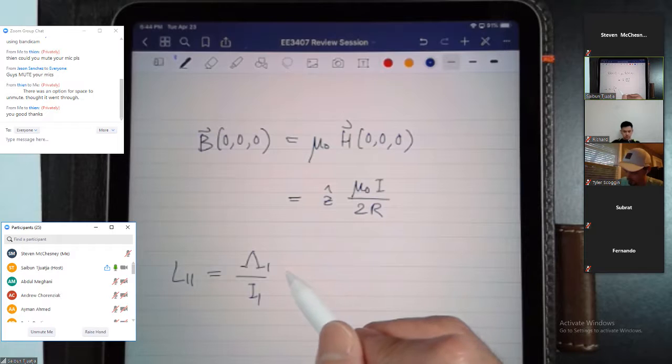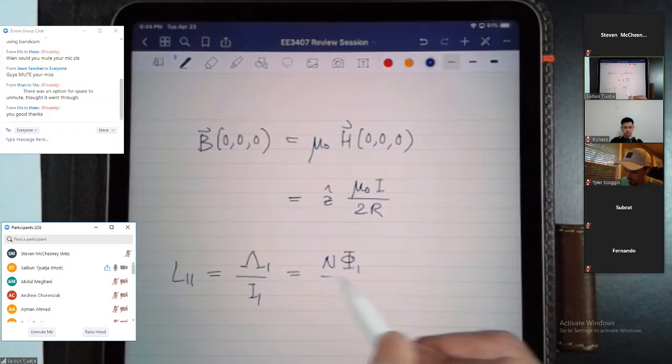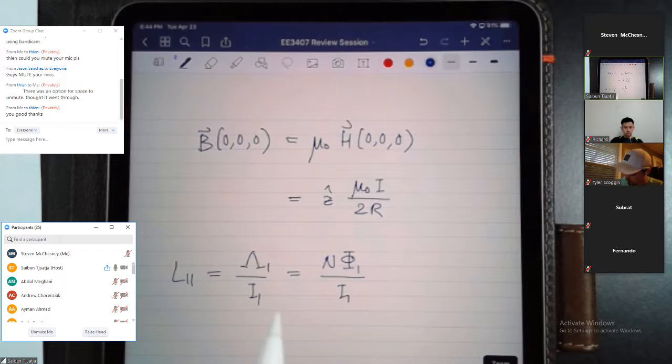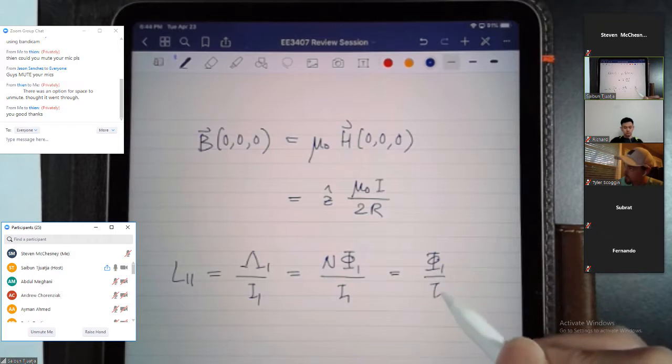This may have multiple turns, so it is N times phi due to 1 divided by I1. However, for one turn, this is equal to phi 1 over I1.